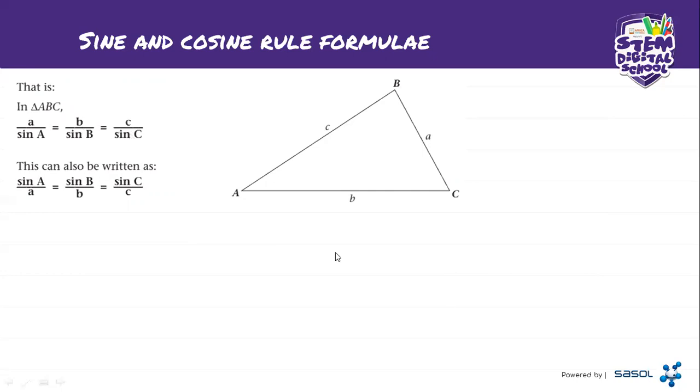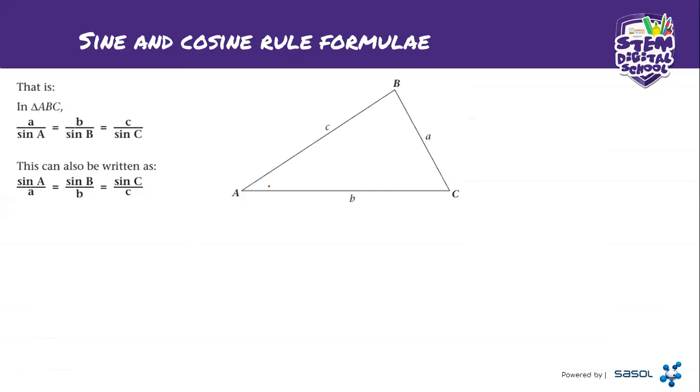All right. Now you can write it in this way, or you can also write it in this way. So there's no problem either way, but make sure that it's small a divided by sine A, meaning this small a is the side. For instance, let me just show you something.